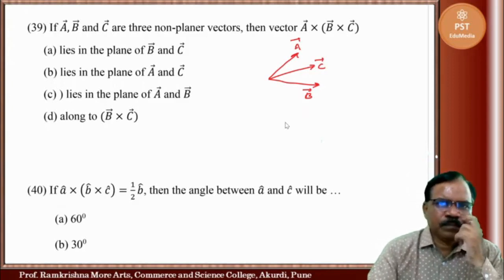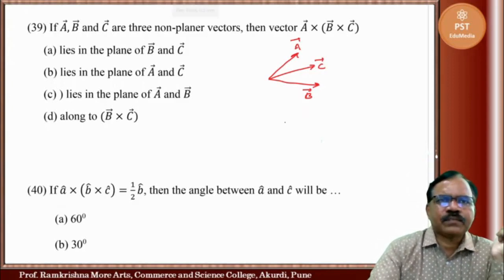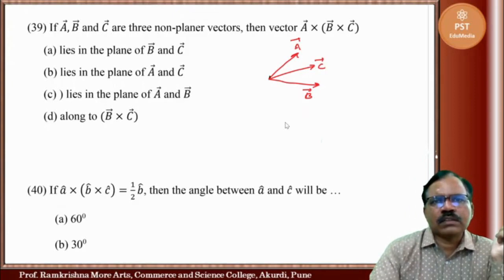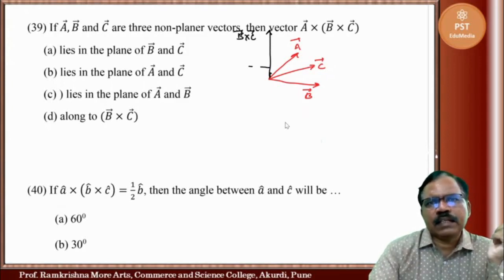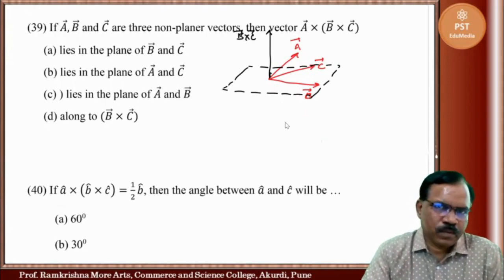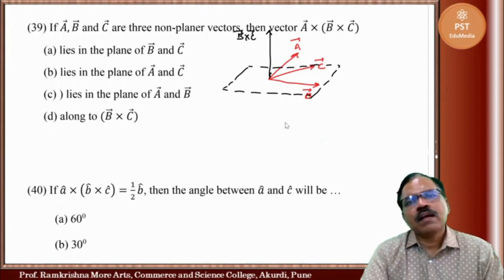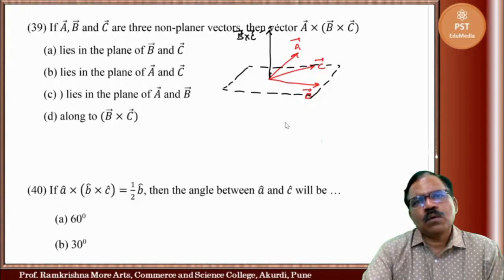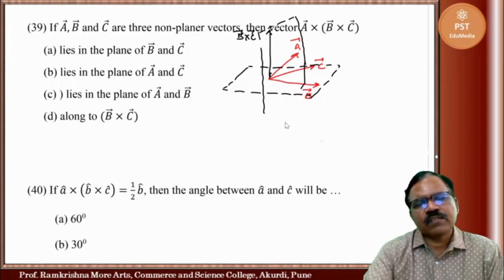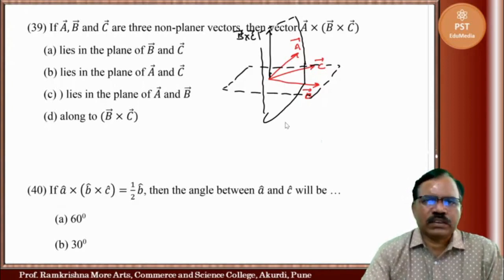So what happens here? This is the direction of b cross c, meaning this vector is perpendicular to the plane containing b and c. Now let us consider a vertical plane which contains a and b cross c.